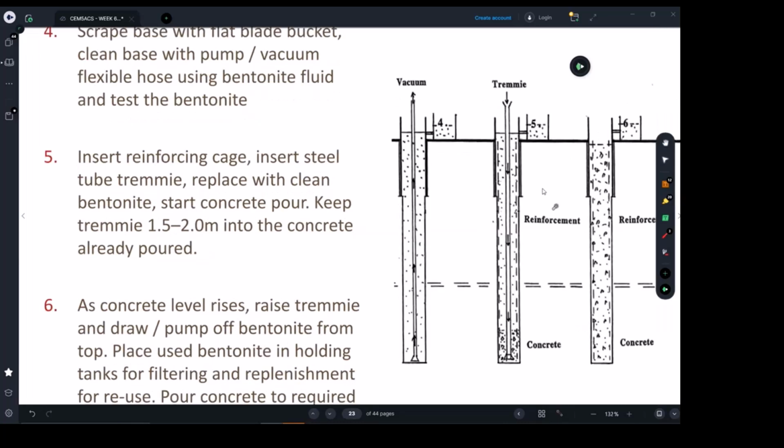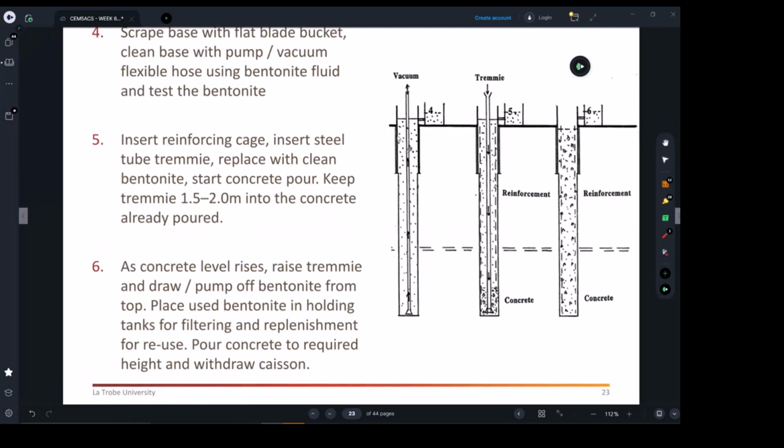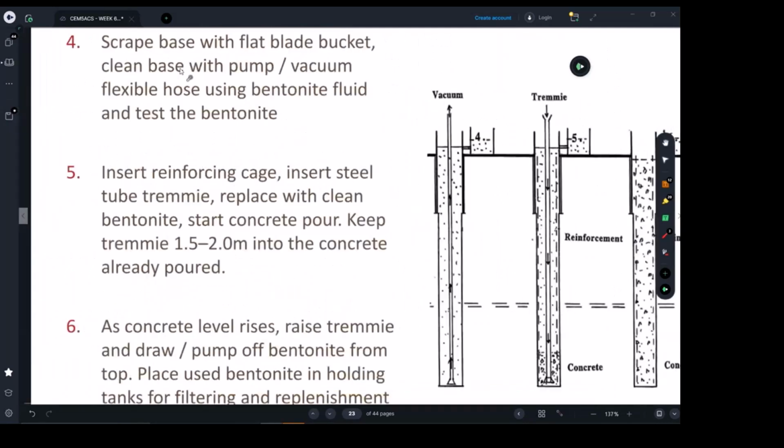So before we start pouring the concrete, step number 5, we have to ensure that whatever is left here is almost purely bentonite. How to check that? Yes, we do cleaning using a vacuum system, but to check that as well, we conduct tests.